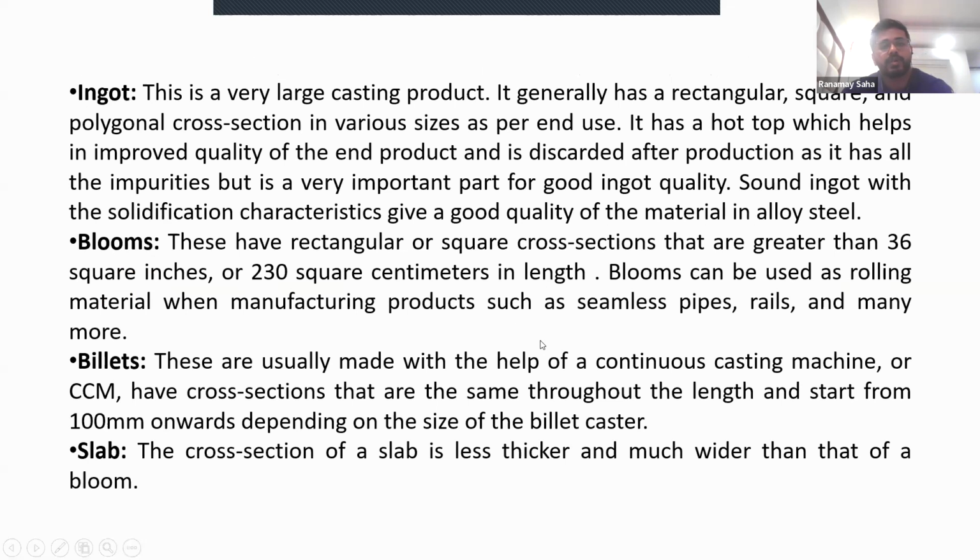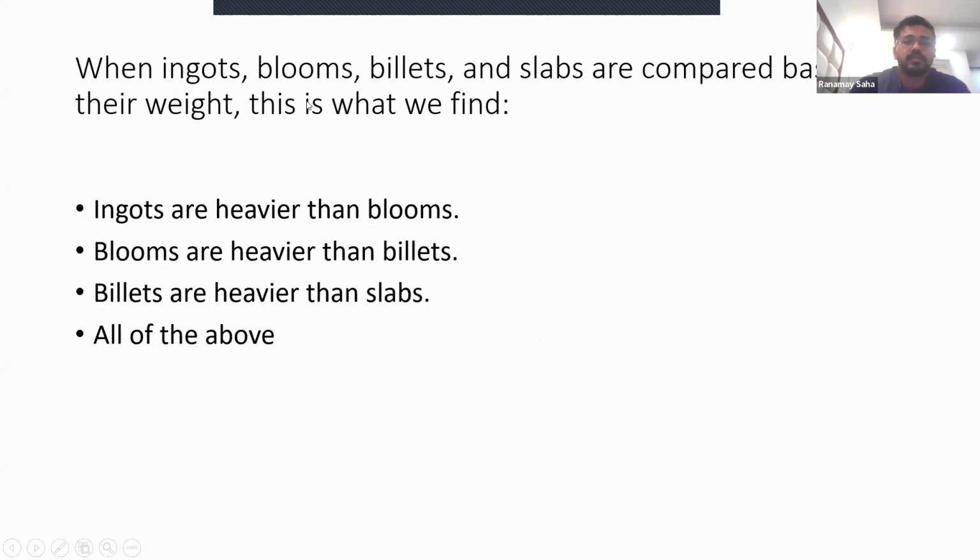So we have another question out of these concepts, which asks: when ingots, blooms, billets and slabs are compared based on their weight, this is what we find. Ingots are heavier than blooms. Yeah, ingots are much larger. This is the first product, so of course they are heavier than blooms.